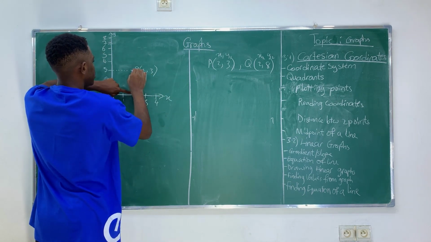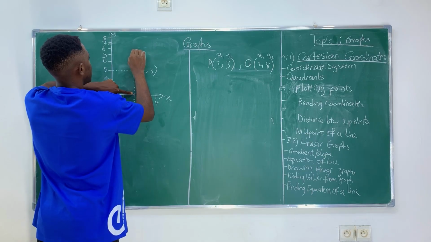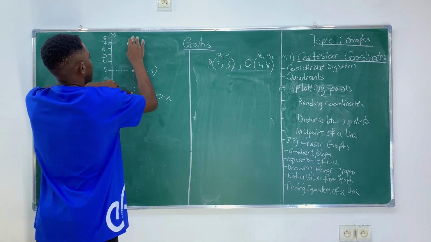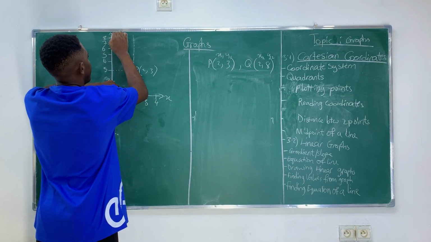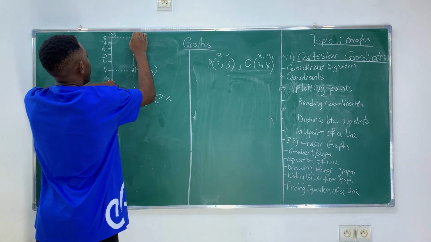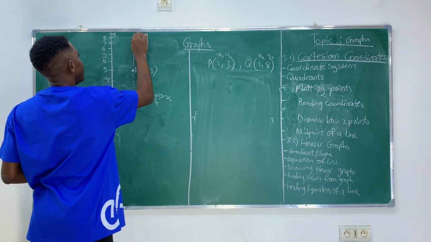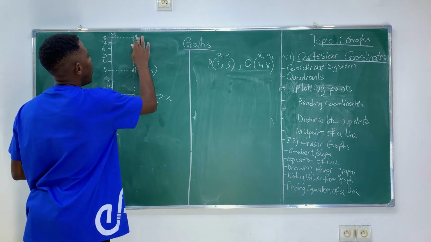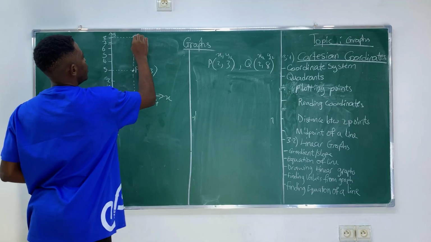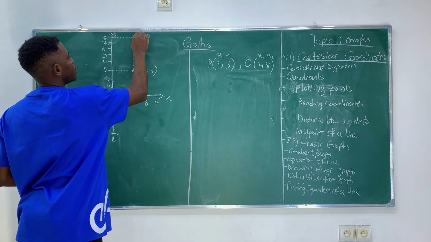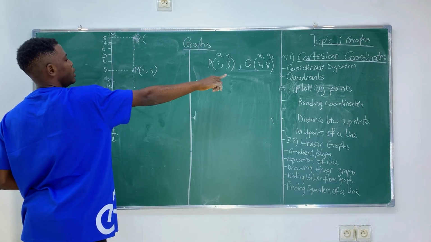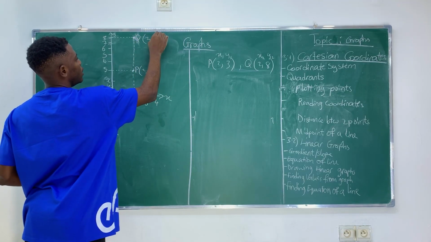So I'll dot it until I reach 8. When I reach 8, I put my dot and I call it Q. Finally, Q being 2 and 8.